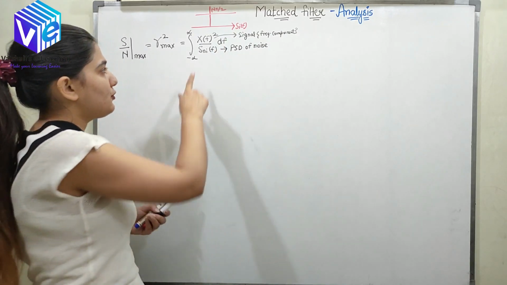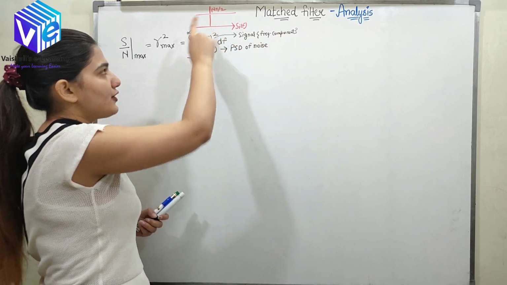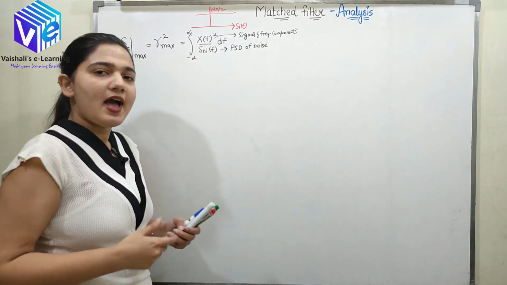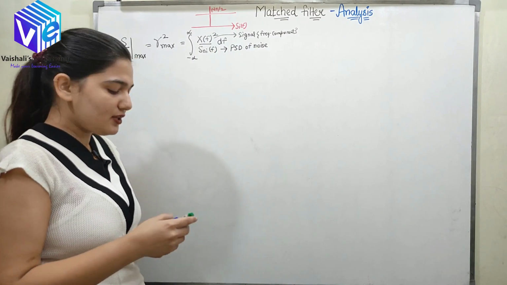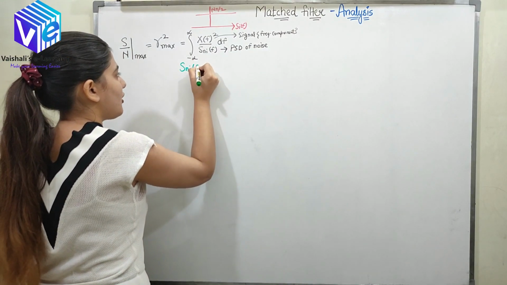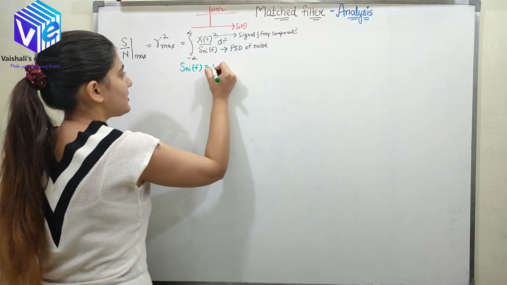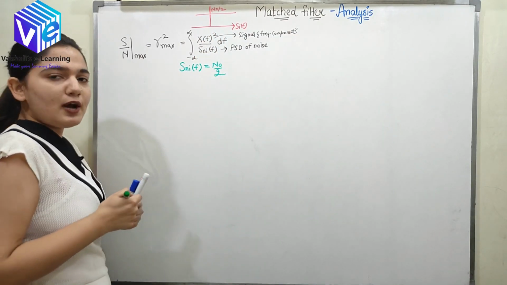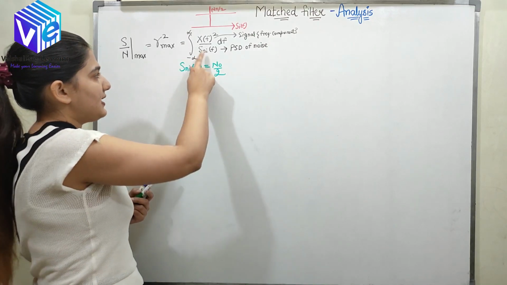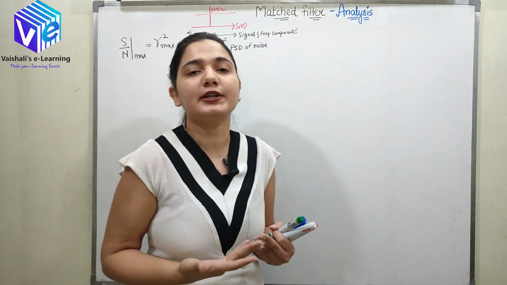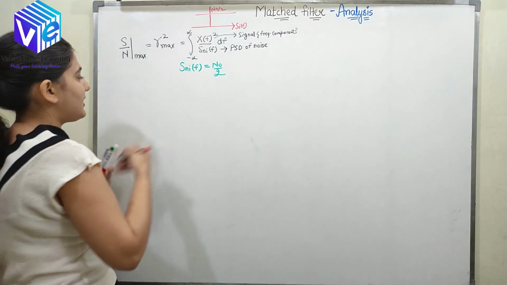Now in the matched filter, I already told you S_n(f) is the power spectral density of noise, and the noise is additive white Gaussian noise. The power spectral density of additive white Gaussian noise is N0 by 2. So what will I do? I'll just replace this S_n(f) by N0 by 2 and analyze what it gives.